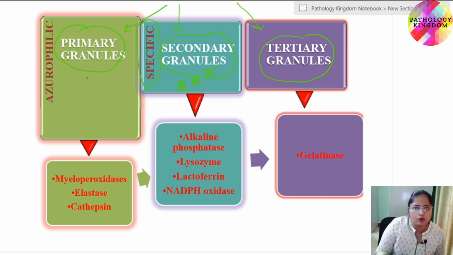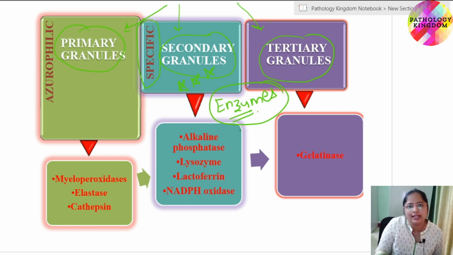All the granules contain enzymes which are responsible for their functions. So primary granules contain myeloperoxidases, elastases and cathepsin. Secondary granules, that is the specific granules, they contain alkaline phosphatase, lysozyme, lactoferrin and NADPH oxidase.